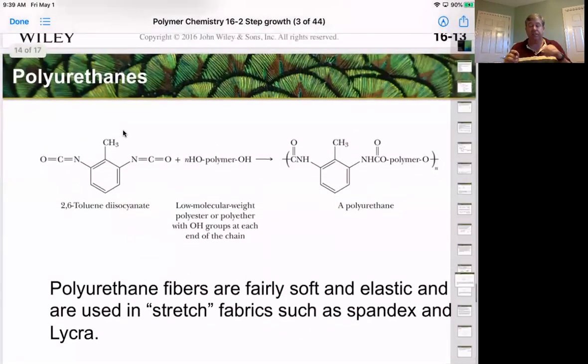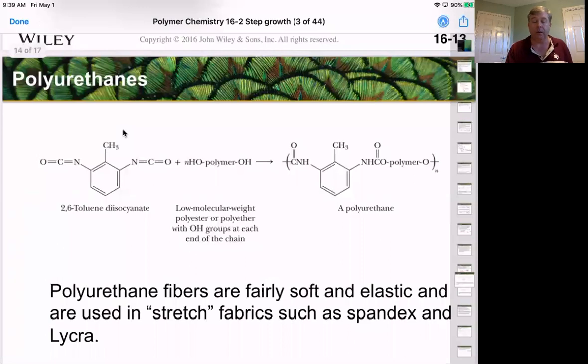Okay. So when we make fibers out of this, one of the common things we use is what we call 2,6-toluene diisocyanate. So this is our toluene functionality here. And then we have two isocyanates on it, and then we react it with some kind of polymer that has two OHs on it, two alcohols on it.